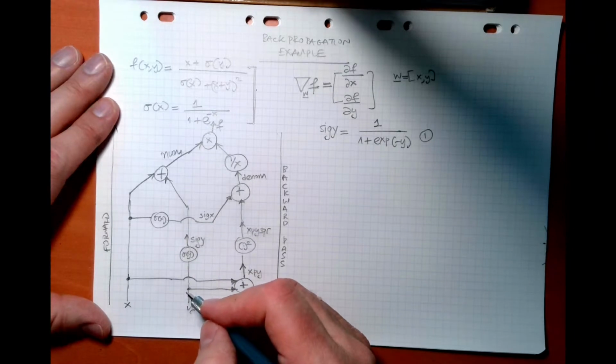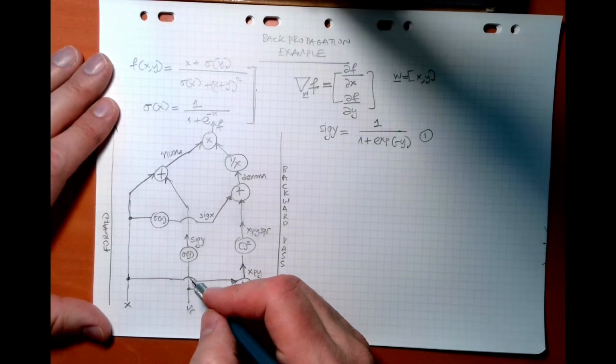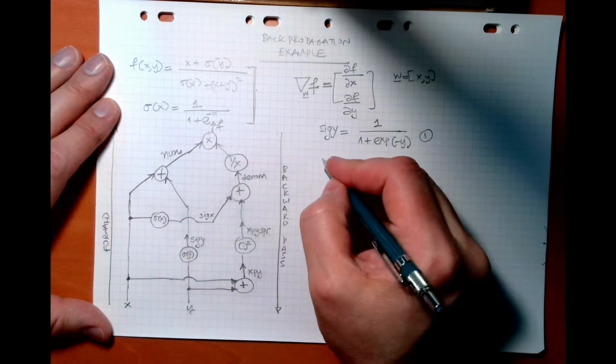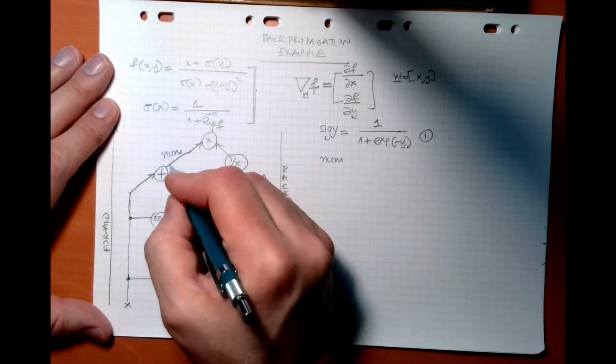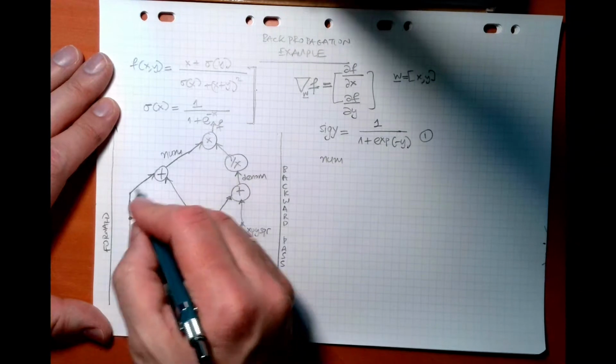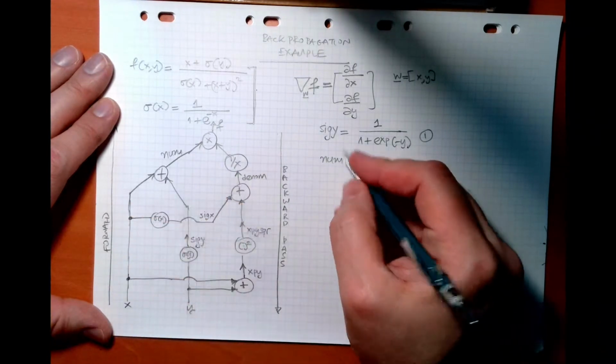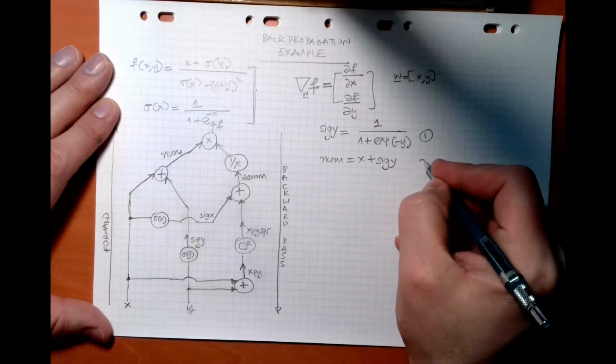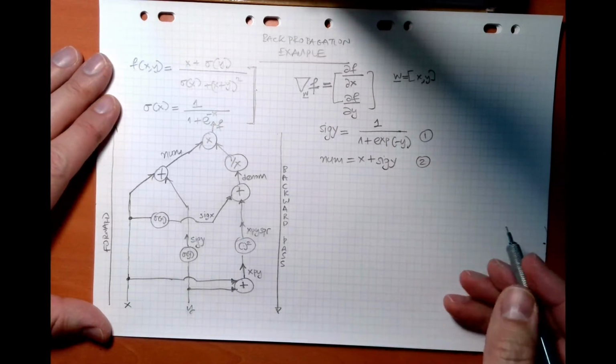The second equation: we can immediately get the numerator. Num at the output of this gate is x plus what we just computed, and this is the second equation.